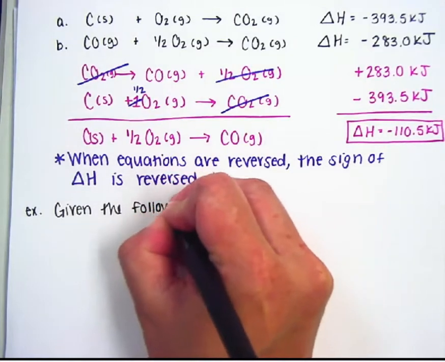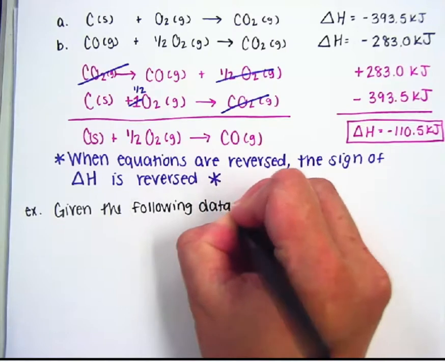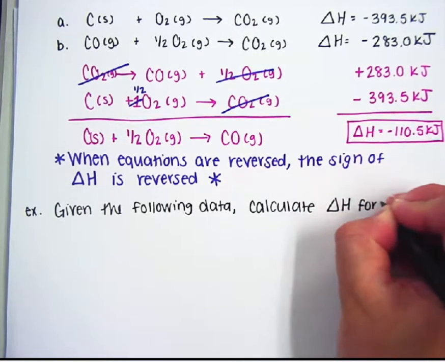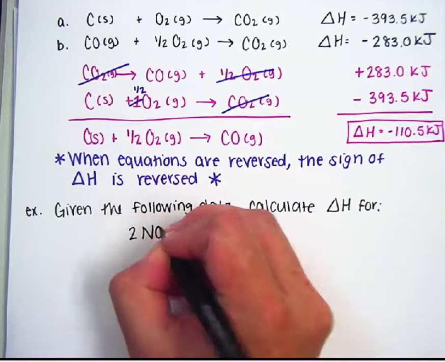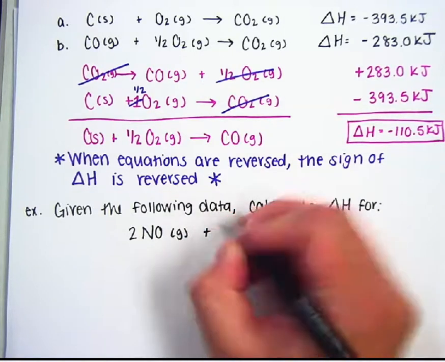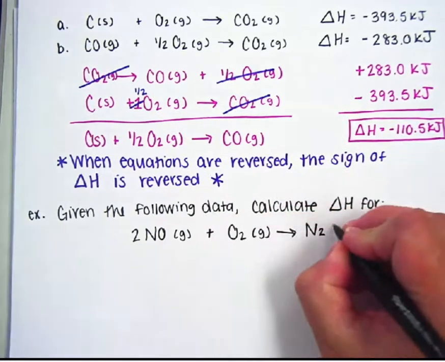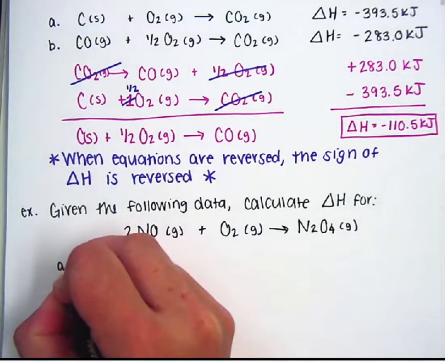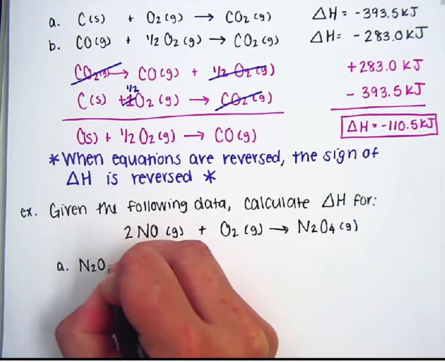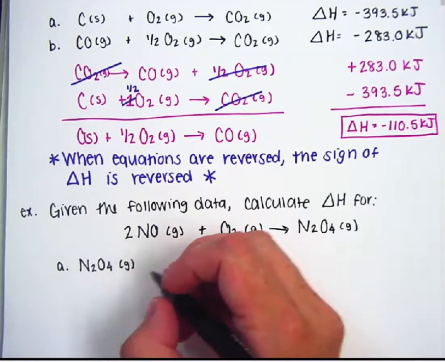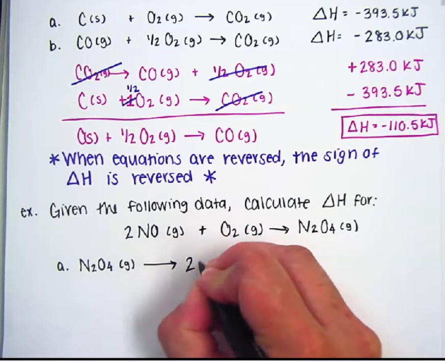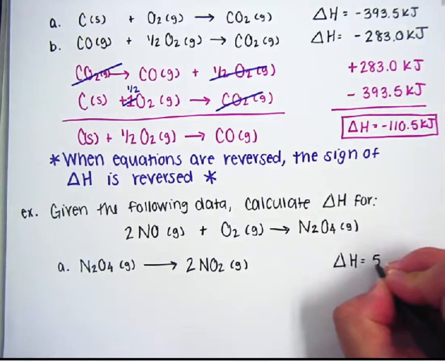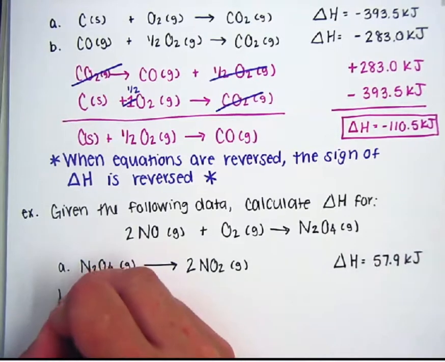Given the following data, calculate delta H for my master reaction, and then we have two reactions, two steps, reaction A and reaction B.